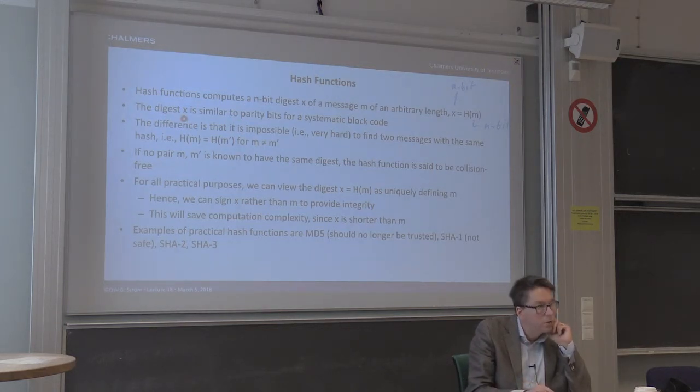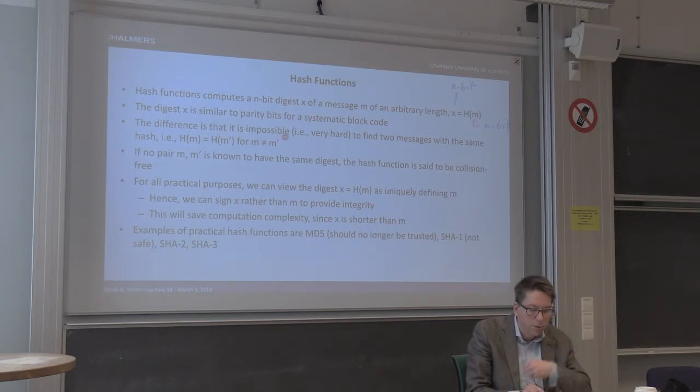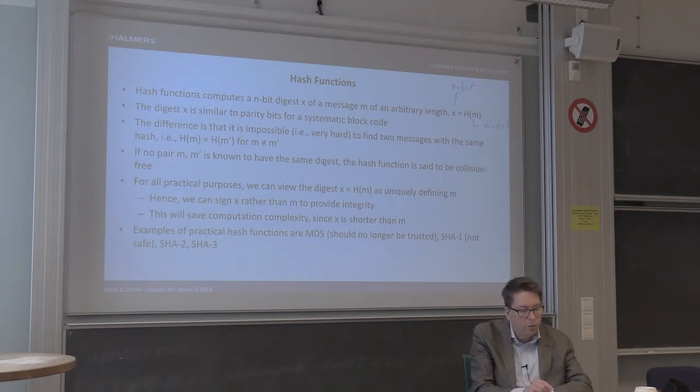The digest is similar to parity bits for a systematic block code, with the difference that most codes have a fixed input number of bits. The difference here is that it's very hard to find two messages which have the same hash. Of course there are two messages which have the same hash.